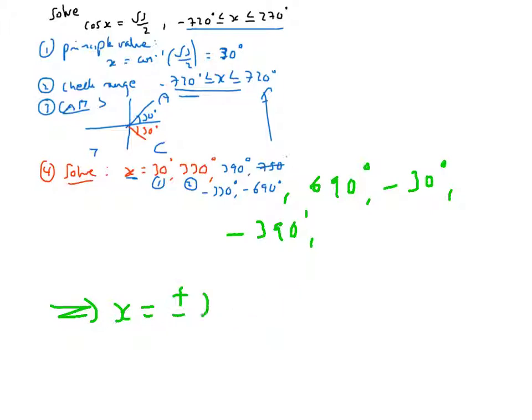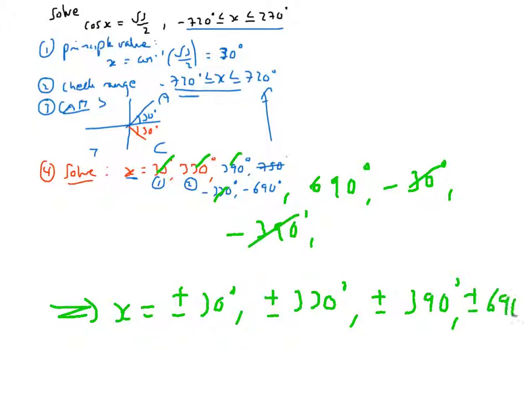So plus minus 30 degrees, it also equals plus minus 330 degrees. Yeah, so 330 there. And then plus minus 390 degrees. And plus minus 690 degrees. And we're finished. And why do we have all these plus minus?